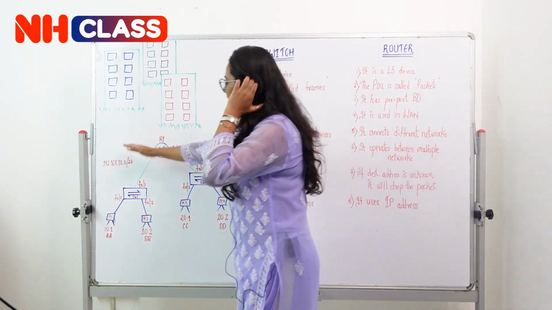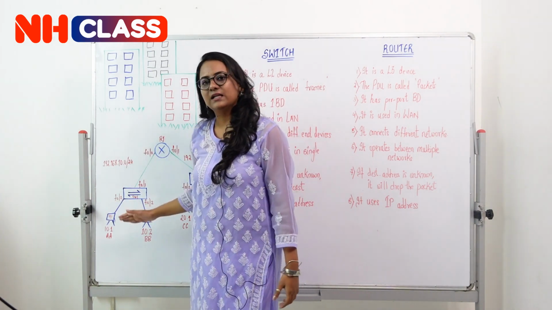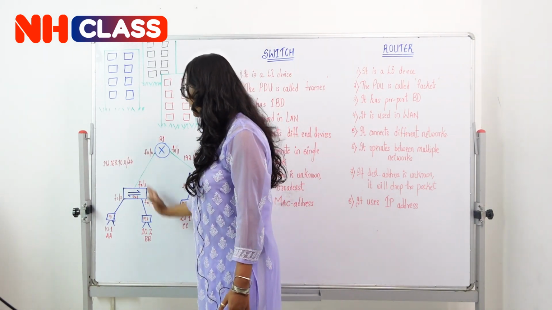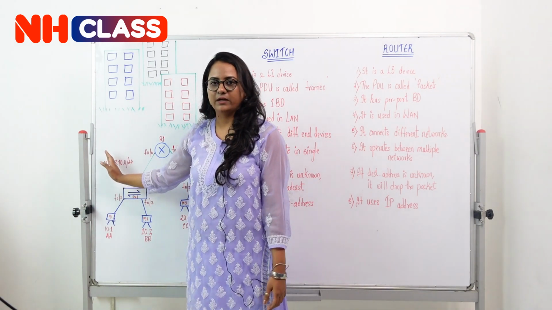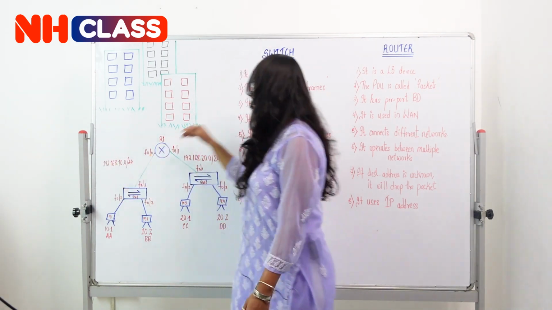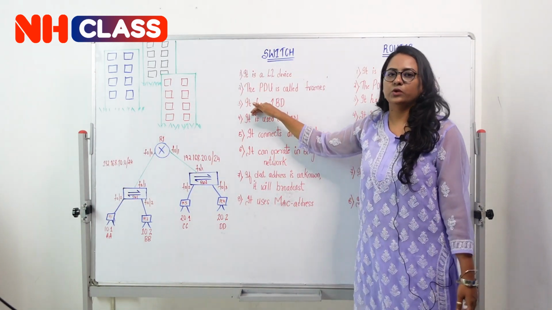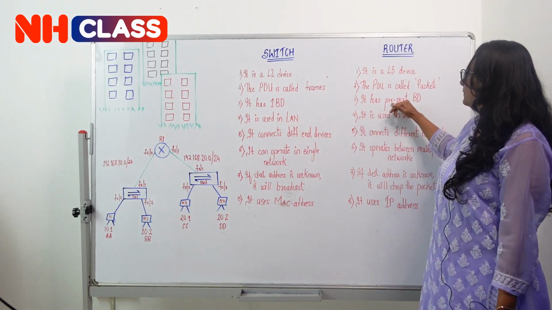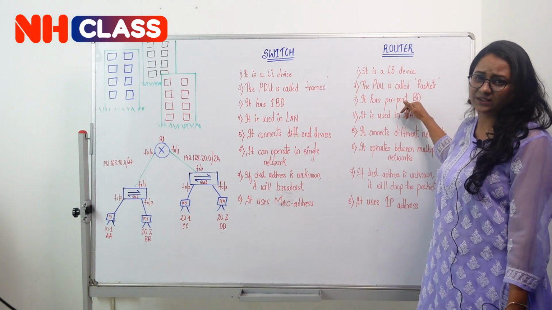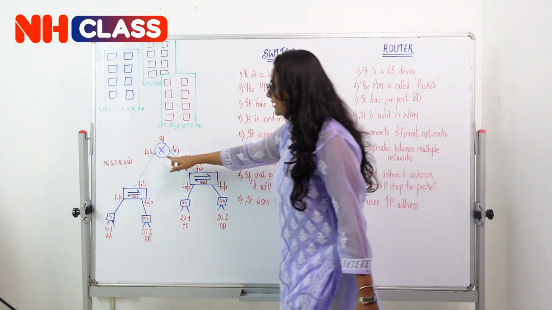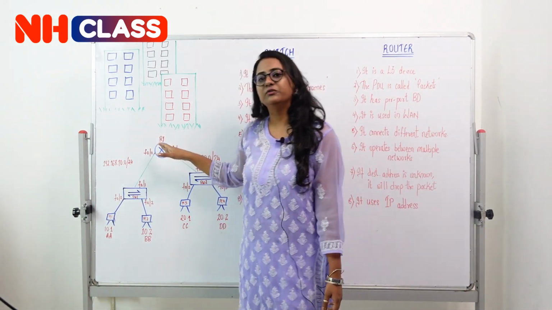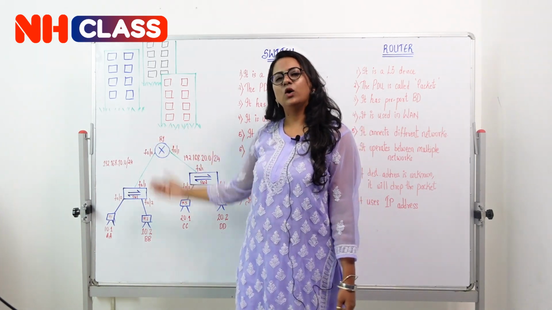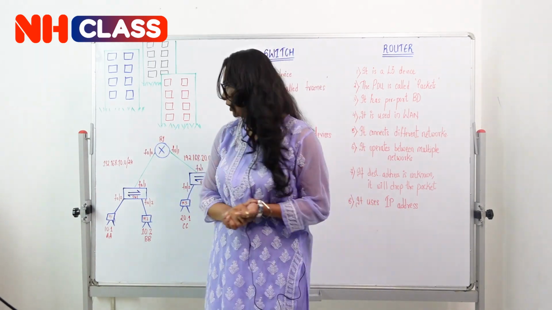When I say one network or one subnet, I am referring to one broadcast domain. A switch has only one broadcast domain, but a router has a broadcast domain per port. What does this mean, per port? Any device that you connect to different ports of this router will operate on a different broadcast domain.